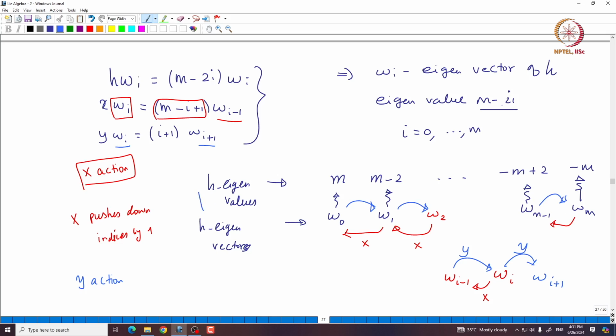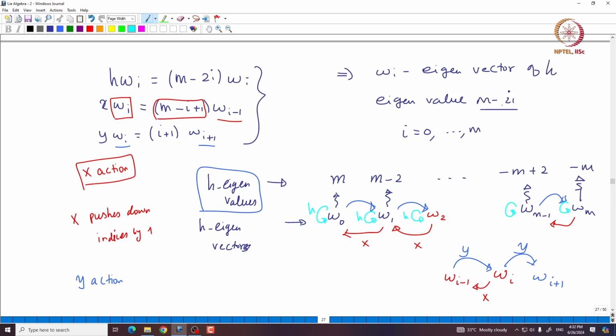And H, all of them are eigenvectors, so it just maps each vector to itself, like a loop. So this is how the SL2 action is understood on this module S_m.